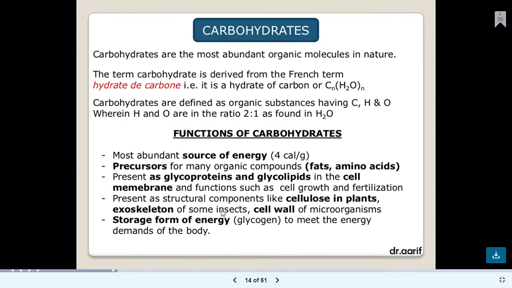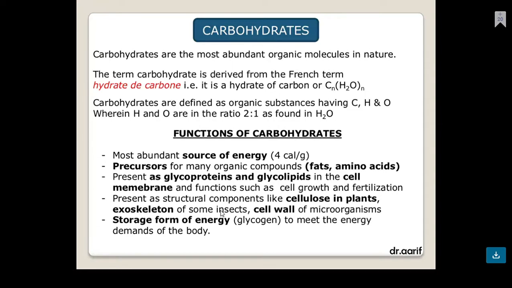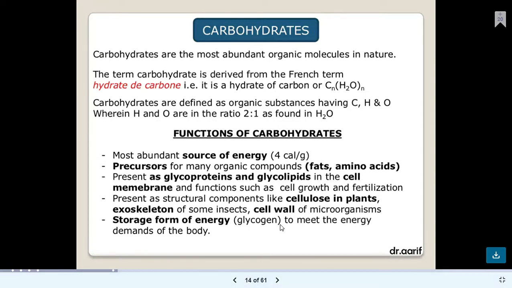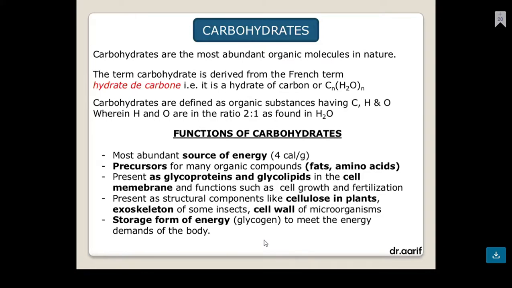In animals, carbohydrates are stored in the form of glycogen to meet the energy demands of the body, whereas in plants it is mainly glucose or cellulose, whereas in animals, it is glycogen.